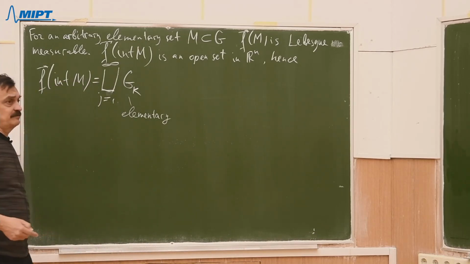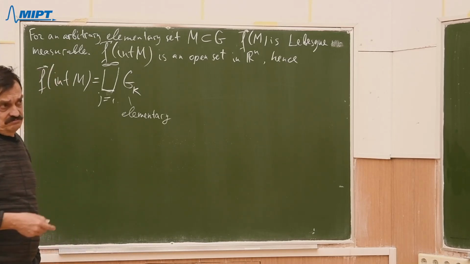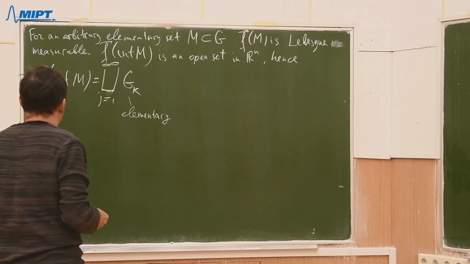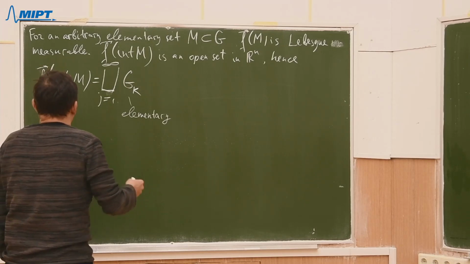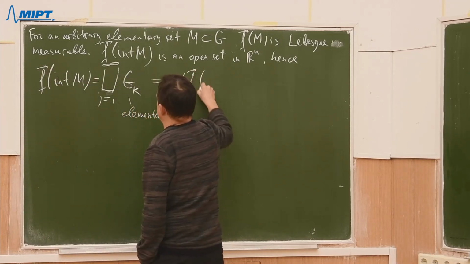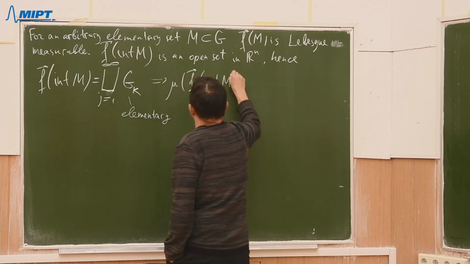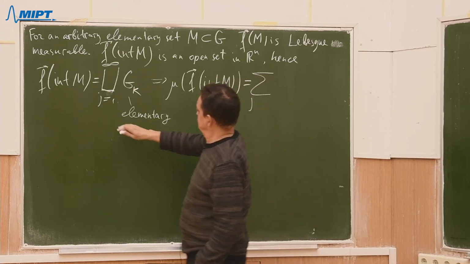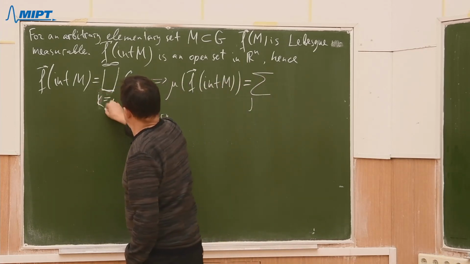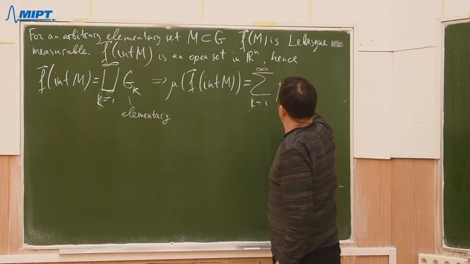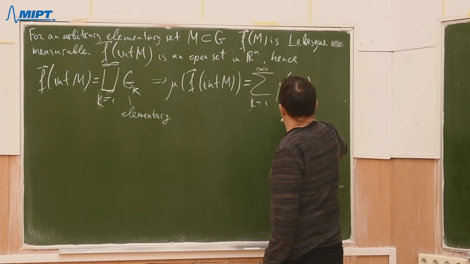Measure is finite because everything was bounded. Hence, the measure of this is equal to the sum of measures, K from 1 up to infinity, of the measure of G_K.